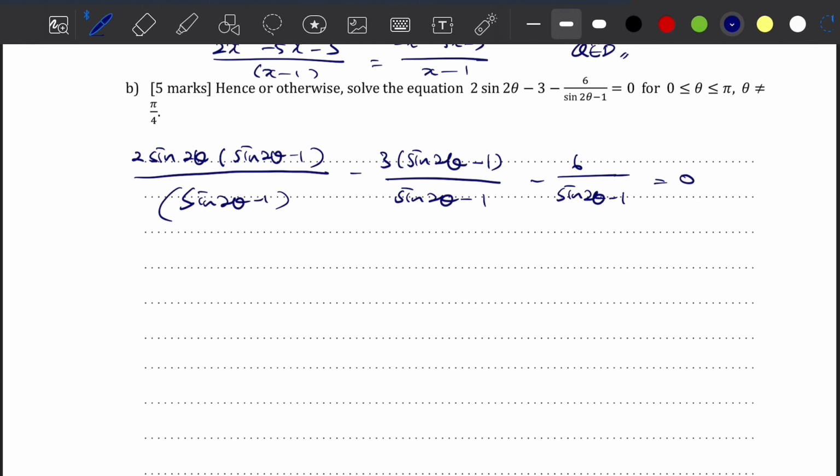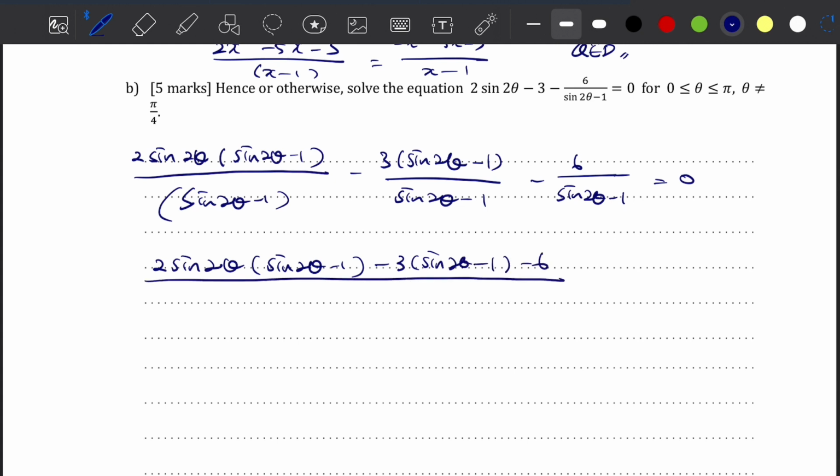So I have changed every single term on the left hand side into fraction form. Then we can simplify this into 2 sine 2 theta times sine 2 theta minus 1, minus 3 times sine 2 theta minus 1, minus 6, over sine 2 theta minus 1 equals 0.